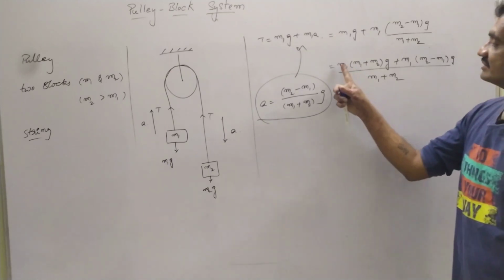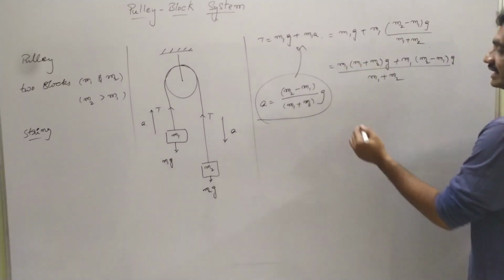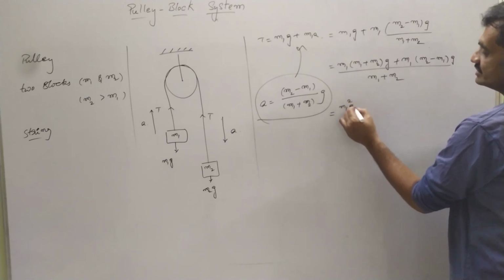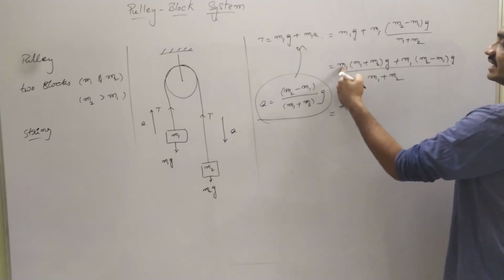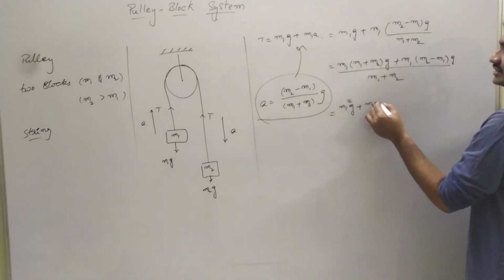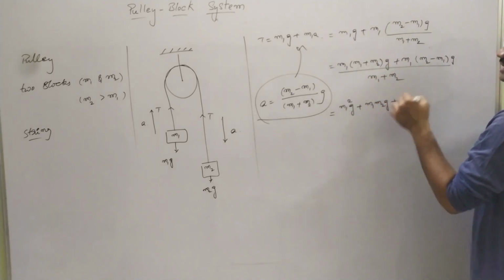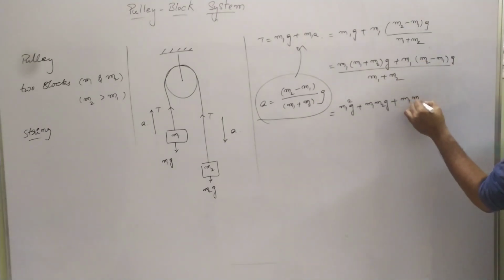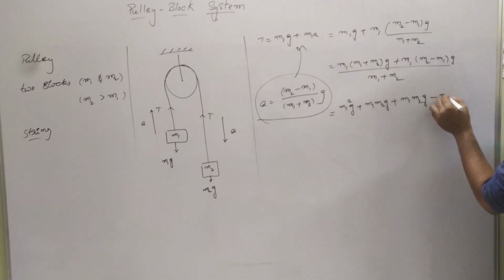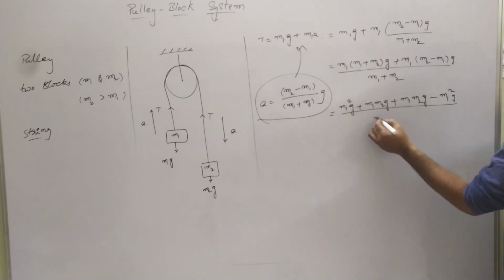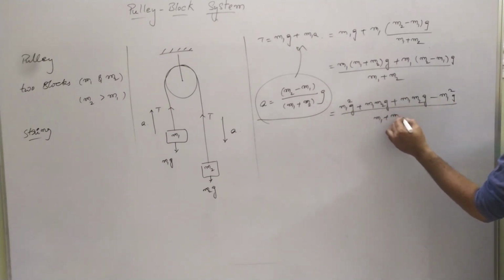m1 plus m2. Observe that m1 into m1 square into g is equal to m1 square into g, and here observe that m1 into m2 into g plus m1 into m2 into g, nothing but m2 into g minus m1 into m1, m1 square into g by m1 plus m2.